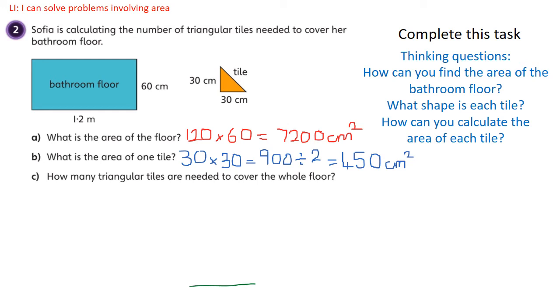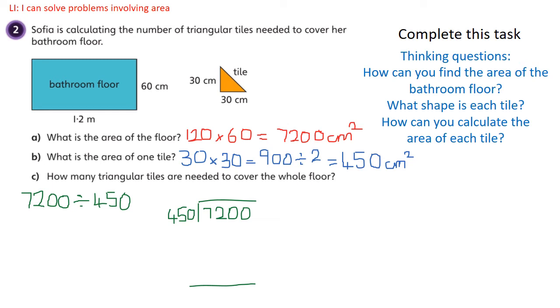So how many tiles are needed to cover the whole floor? So if one tile is 450 centimetres squared, we need to work out how many of those will fit into 7,200. And we're going to do that by dividing.